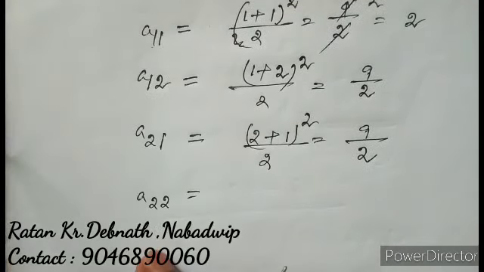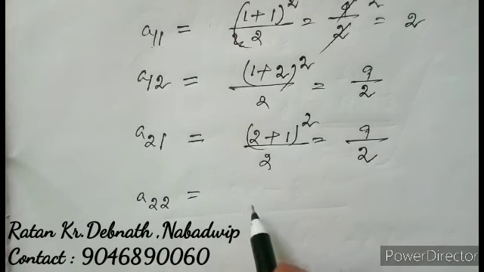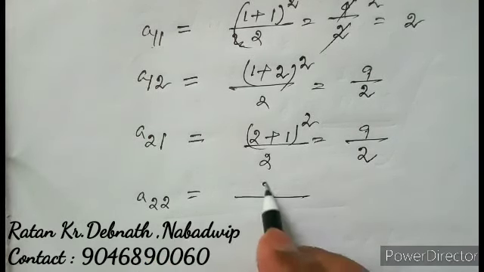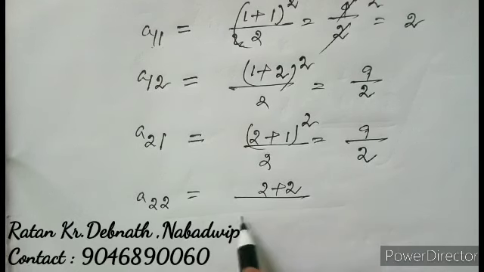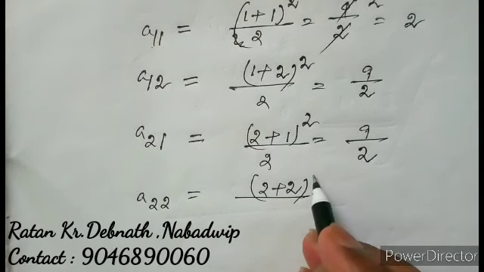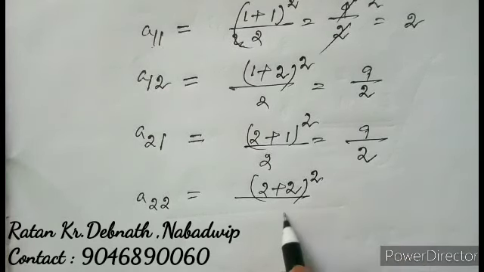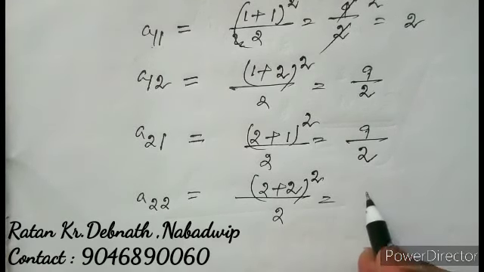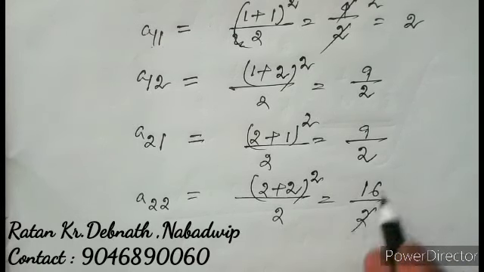What does it mean? Second element of the second row. Here we put both I and j as 2 and 2. Sixteen by 2 means 8.